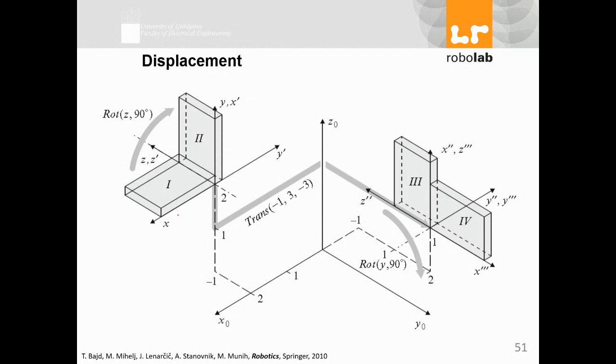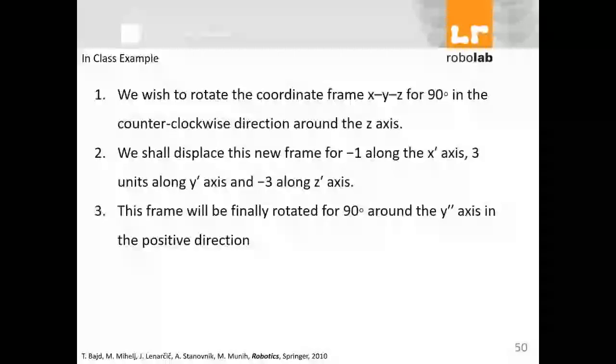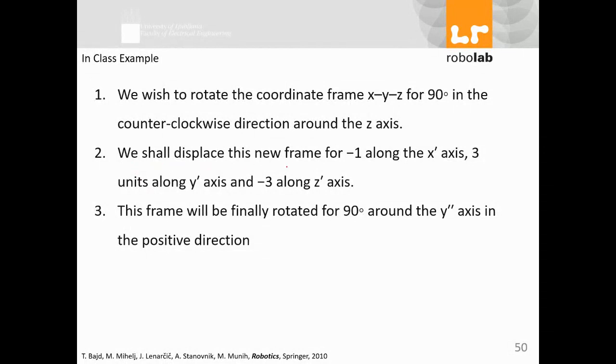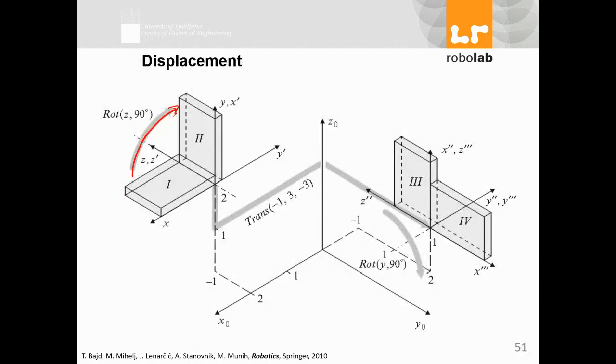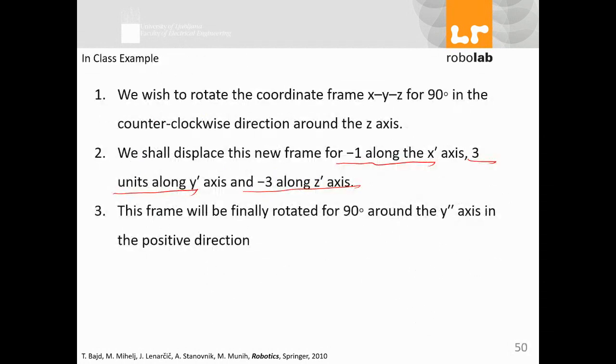So here we are rotating to this, as you see here. Then we displace the new frame for -1 along X prime, 3 units along Y prime, and -3 along Z prime. So we come here.